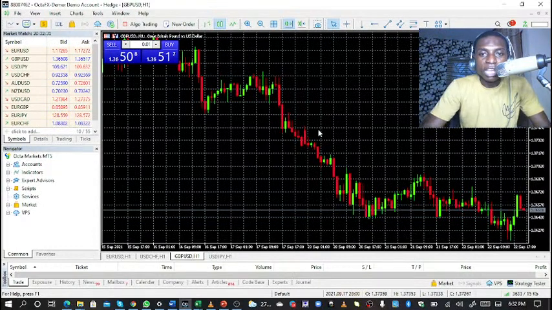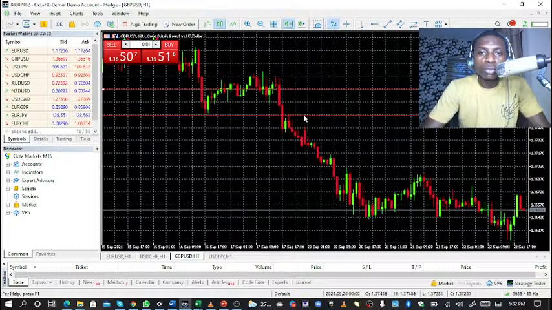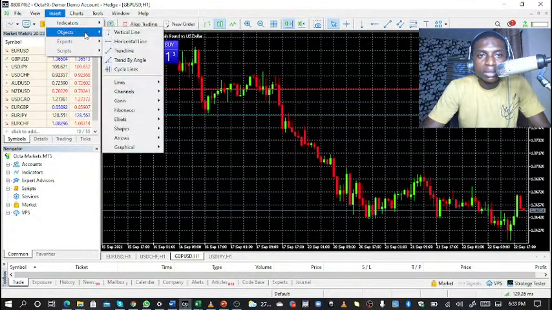So if you look from this place to this place, now if you want to measure a pip, we want to look at the price difference of this region. I hope you are getting me now. Let me insert an object here.